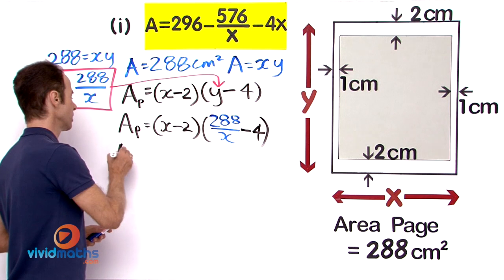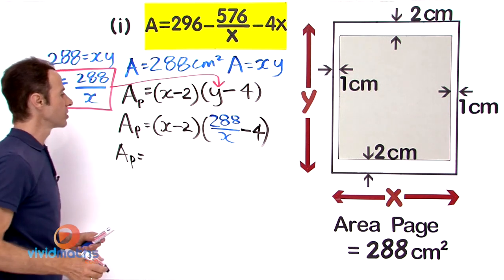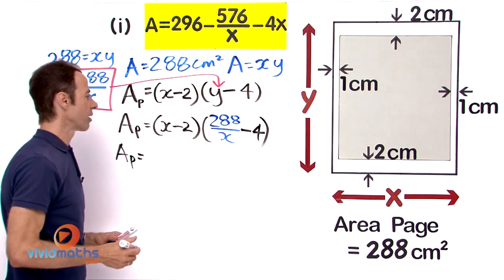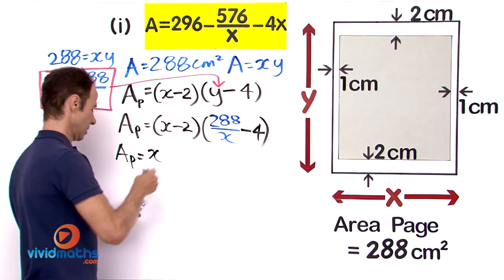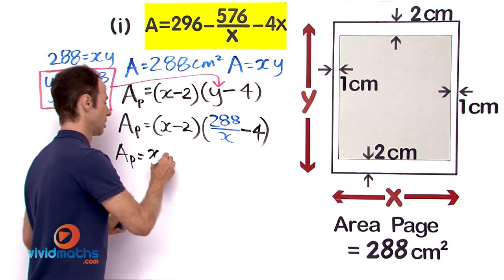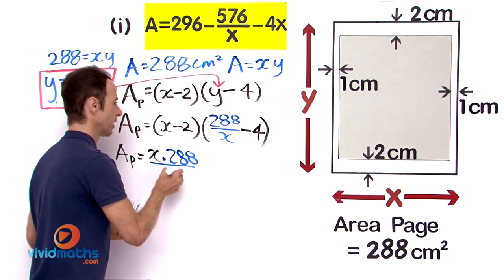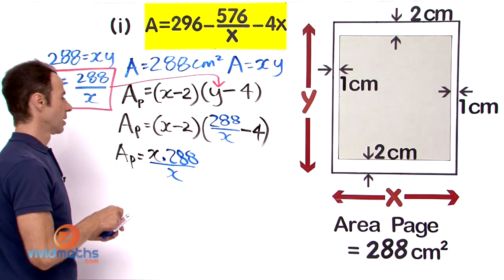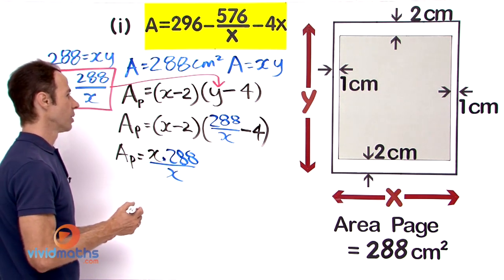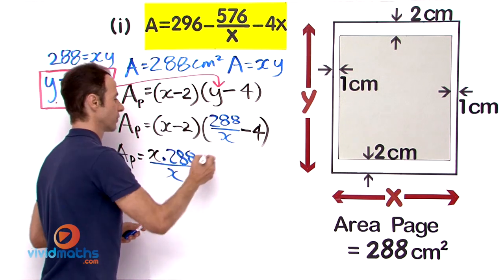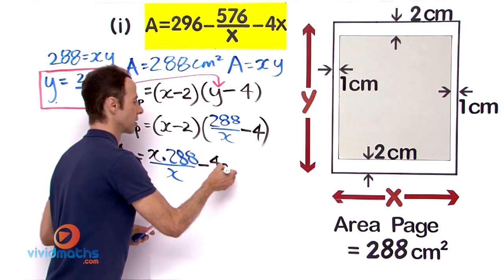So area of printed equals x times 288 on x, so that becomes x times 288 all over x. And then we have x minus 4, so that's minus 4x.